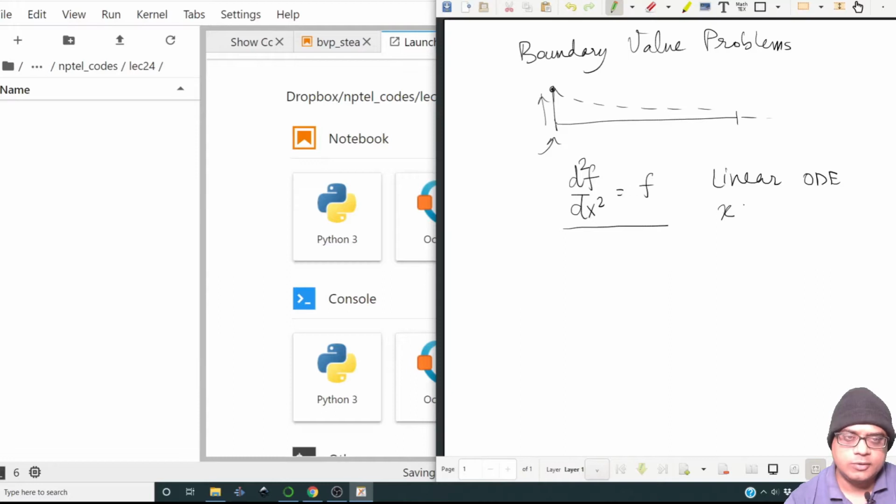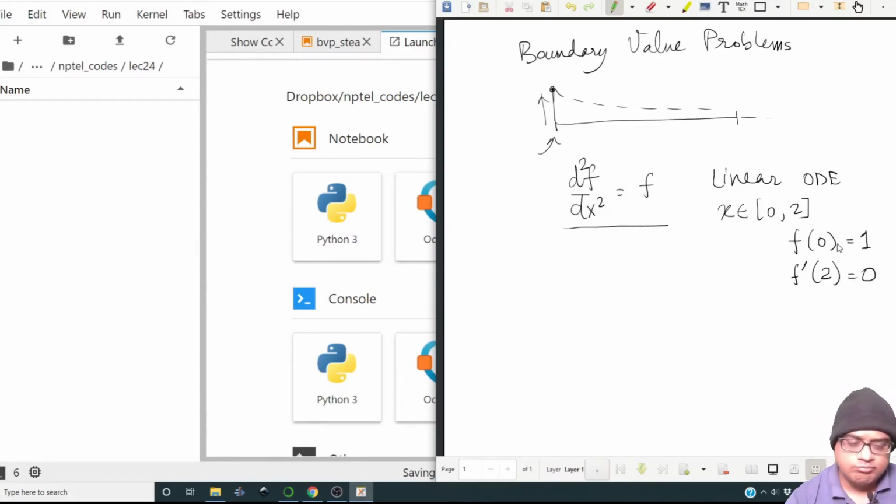So let us take it over the domain 0 to 2, and at x equal to 0, you could directly write the first boundary condition as f of 0 equal to say 1. Second condition could be f prime of 2 equal to 0.